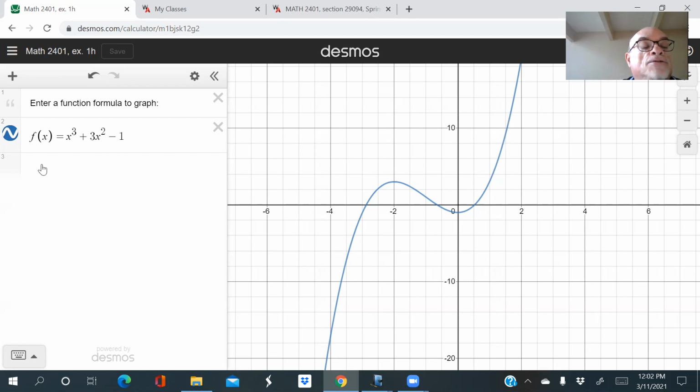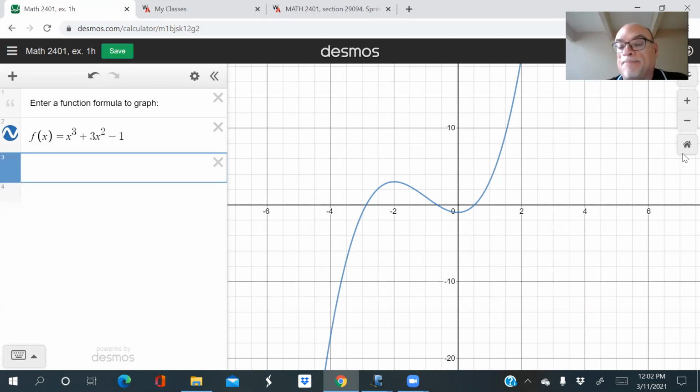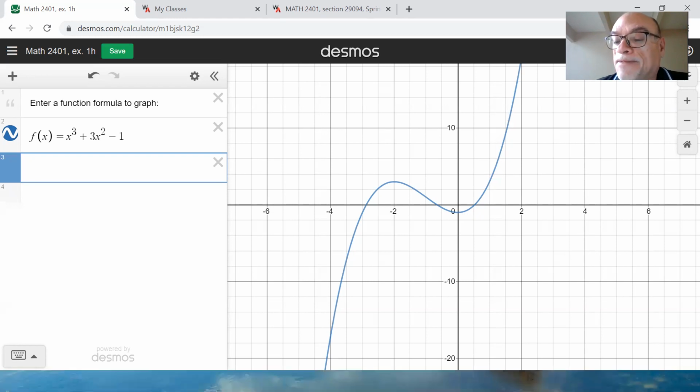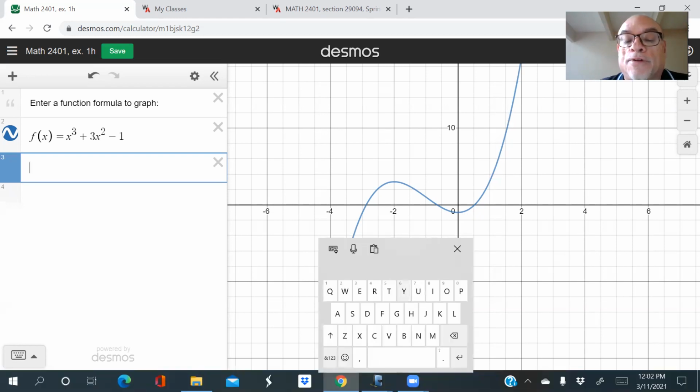Let's actually graph the derivative here. Since we know what the formula is, let's graph the derivative.